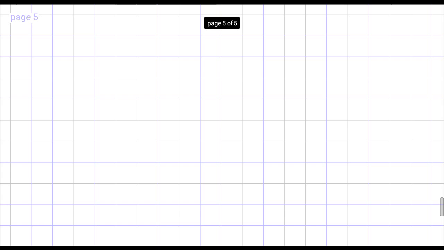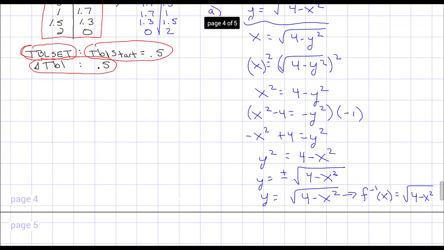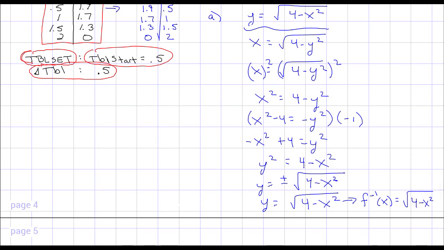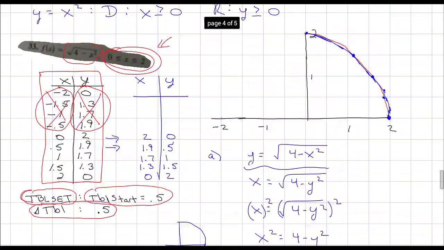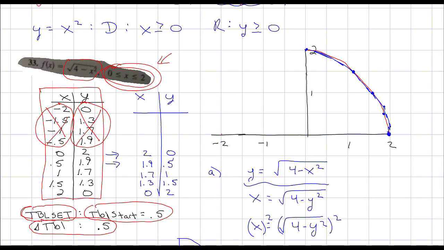Now for the domain and range. My circle's here, so in this case they're going to be the same again. For f of x, the domain is, well, they gave it to us. They told us to stay between 0 and 2. So that means we're just going this way, 0 to 2.